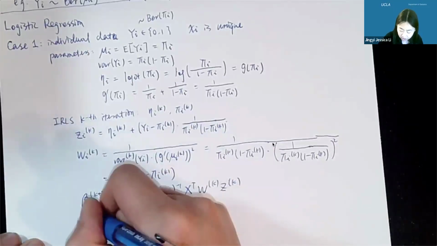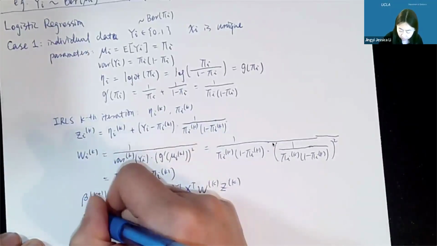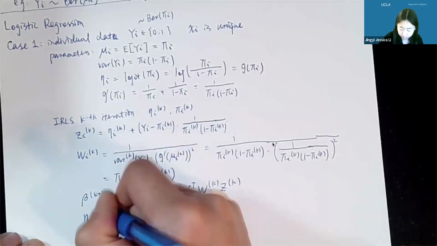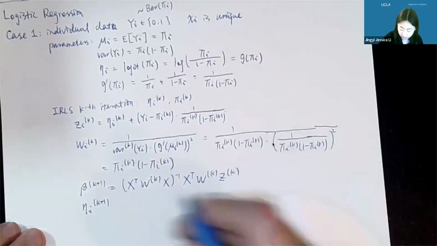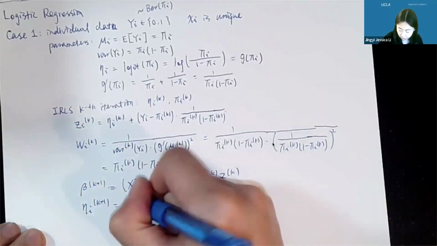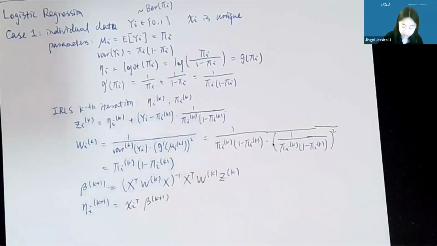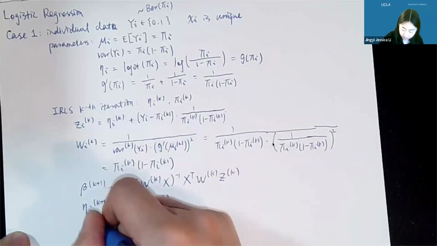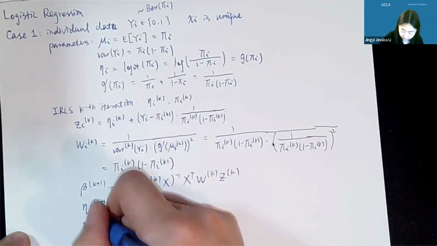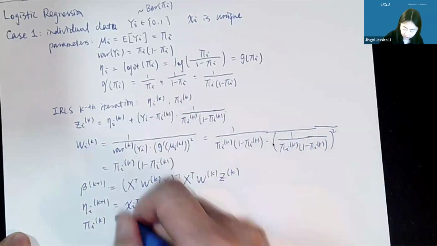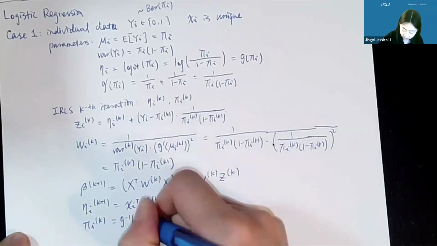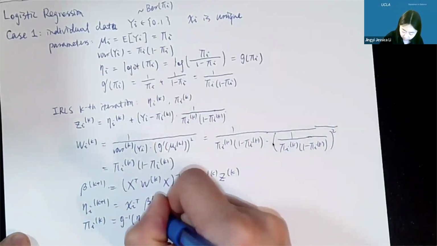That is eta, I'll just write the kth one, ith one. Eta_i^(k+1) is just x_i transpose beta^(k+1). Update eta. And then for pi_i^(k), it is just the g inverse of eta_i^(k+1), sorry, k plus 1.